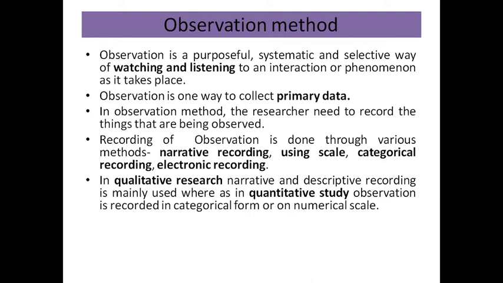Then in categorical recording, the observer develops some categories. As I have given in the earlier example, while observing the personality traits, the observer or the researcher needs to develop some scale also. But in case of categorical recording, the researcher develops some categories. Say for example, same example, like intelligence. In intelligence, the various levels of intelligence, so the observer will make some categories like intelligent, average intelligence, then below average intelligence.